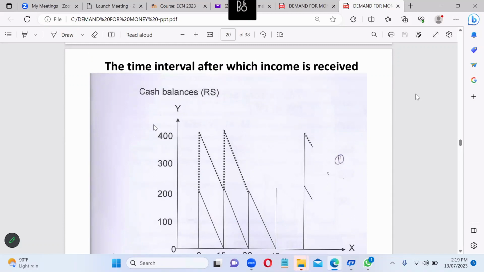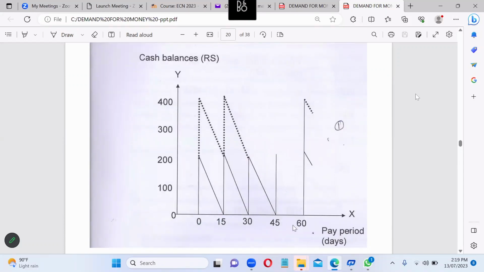This graph also elaborates the cash balance and the pay period in days. The days are 0, 15, 30, 45, 60. The cash balance is 200 at 0 days, 200 at 15 days, and 200 at 30 days.